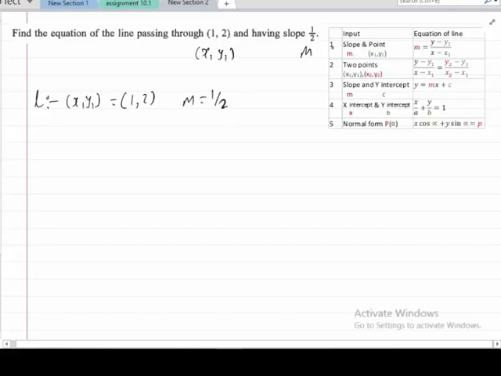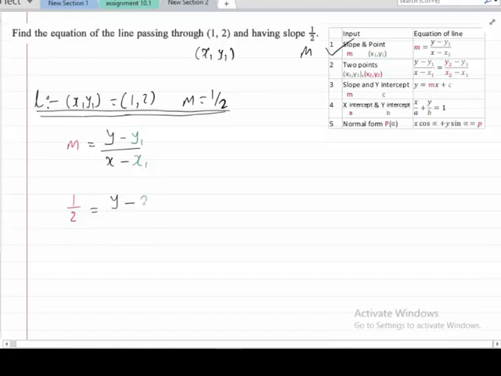So it's clear that we should use the first form of the equation of line, which is m is equal to y minus y1 upon x minus x1. We just have to put in the values of m and x1, y1. So here we will get 1 by 2 is equal to y minus 2 upon x minus 1.